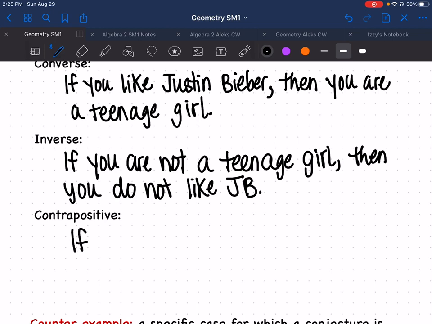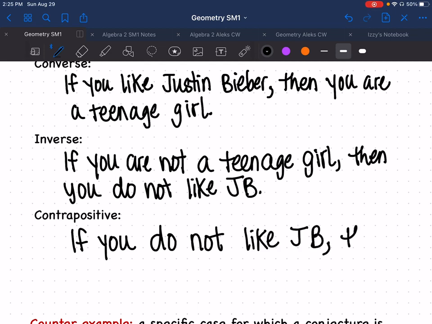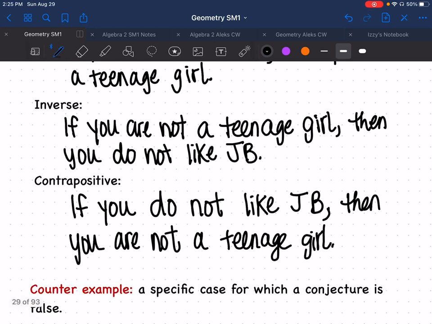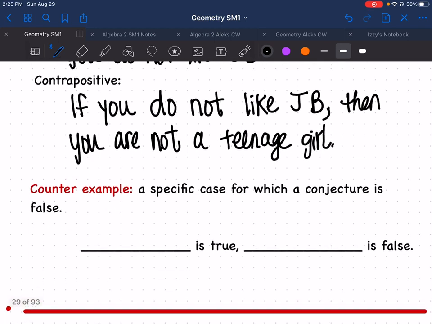So if you do not or don't like Justin Bieber, then you are not or aren't a teenage girl. There we go.